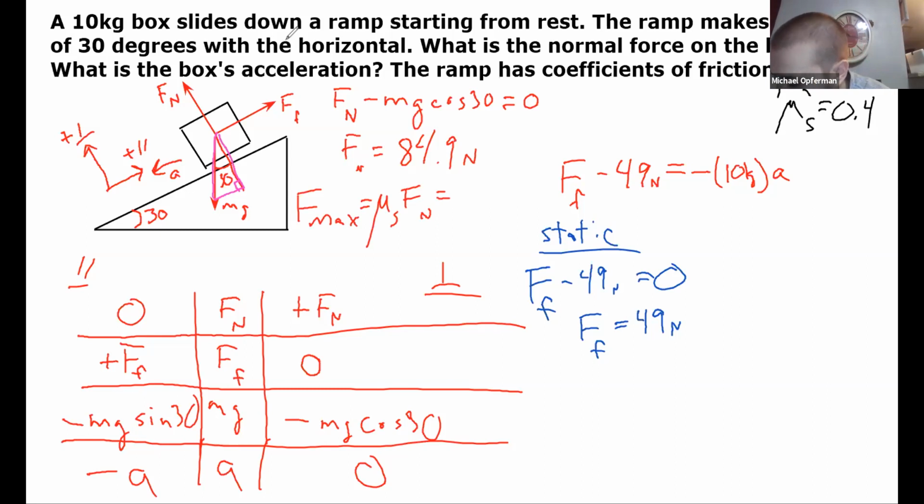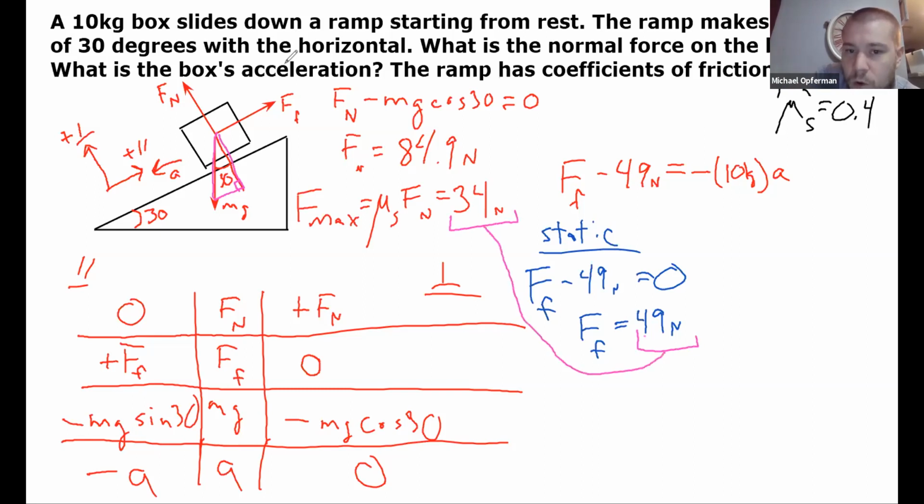And that is about 34. Okay. So the next thing I do is I compare the maximum possible friction force, which is 34, to my proposed value of the friction force, which is 49.